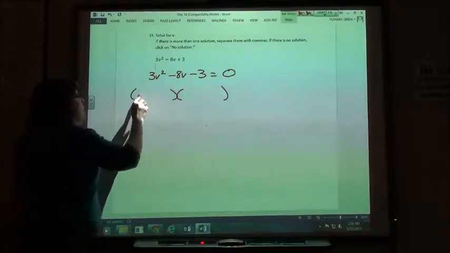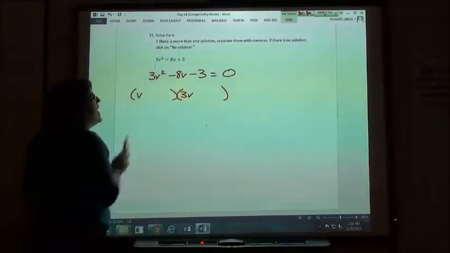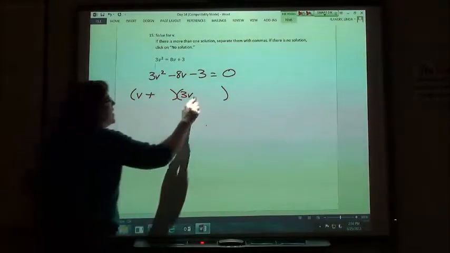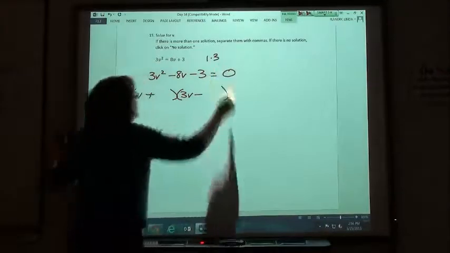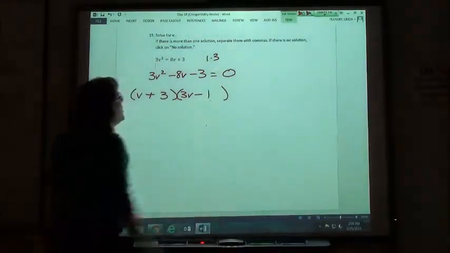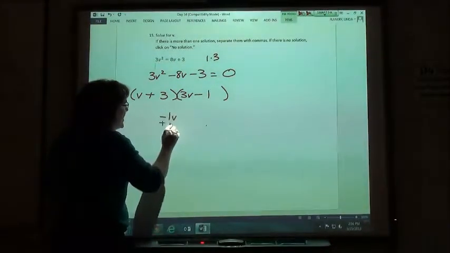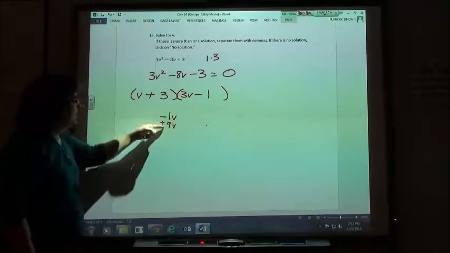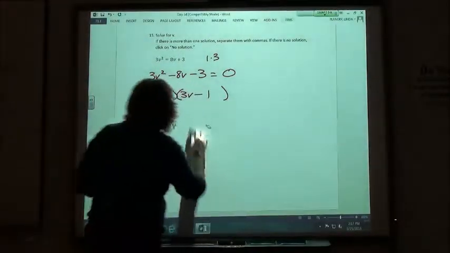Factors of 3v squared, v times 3v. My signs, since the end is negative, I've got 1 plus and 1 minus. And the factors of 3, 1 times 3. So if I plug those in here and I put the 3 here and the 1 here, I'm going to get negative 1v plus 9v, which is a positive 8v, which tells me my signs are backwards.